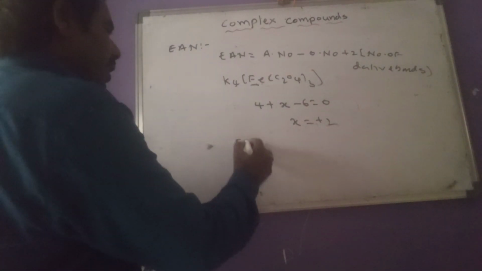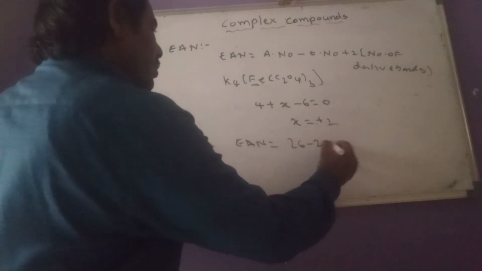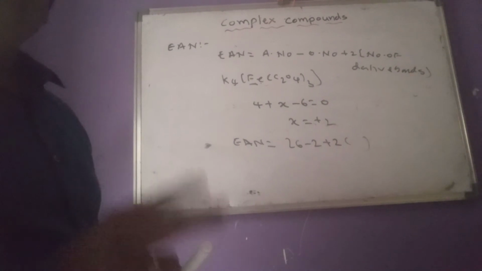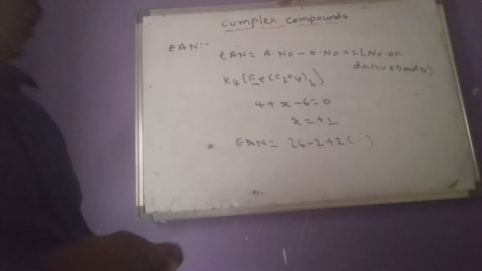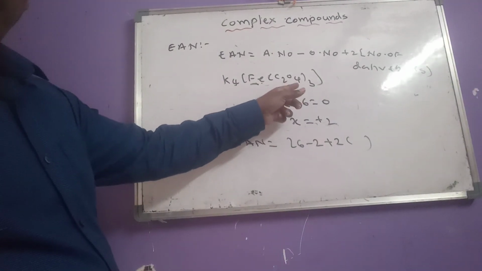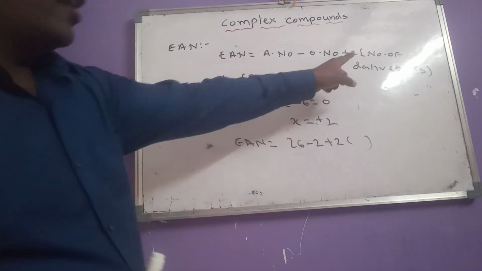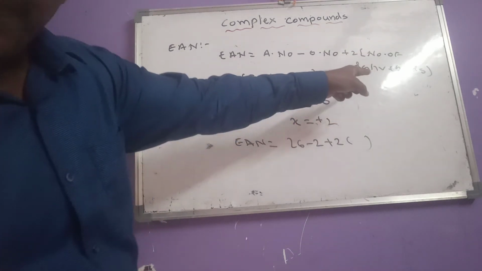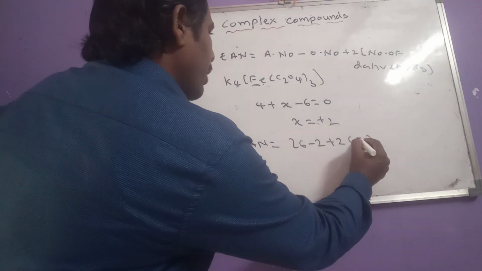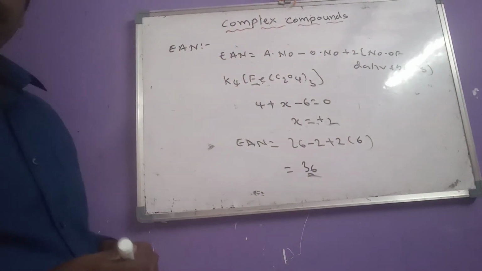Now effective atomic number equals 26 minus 2 plus 2 into, each oxalate forms 2 dative bonds. 3 oxalate ions are present, so the total number of dative bonds is 6, because we have to write 2 into number of dative bonds. So 2 into 6, and we get 36 again. So this is also stable.